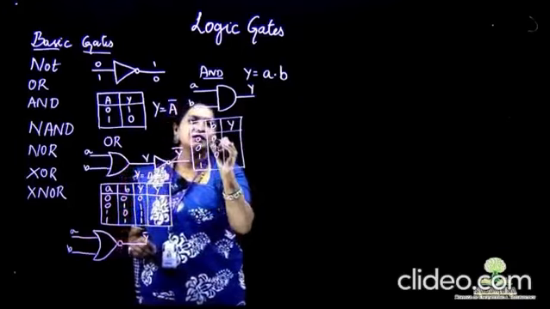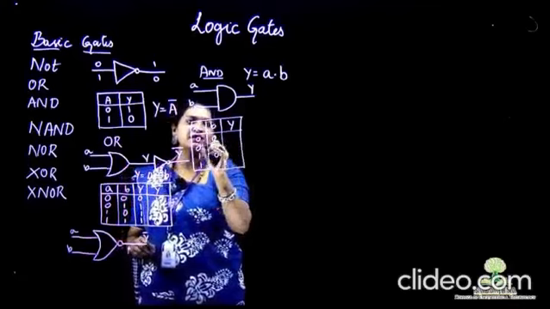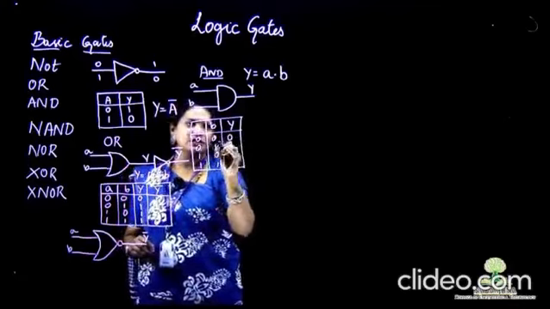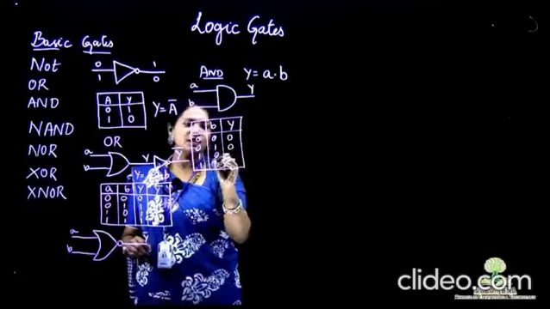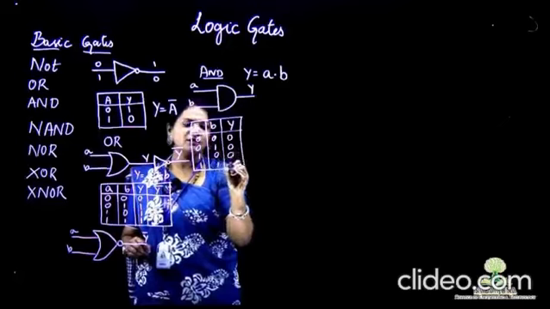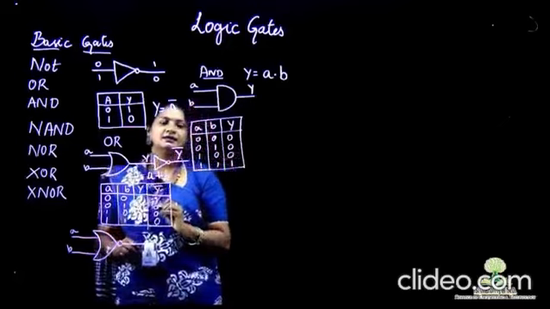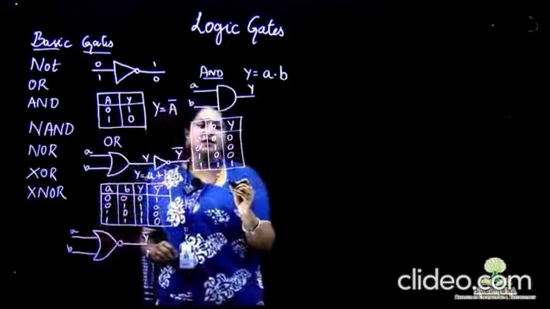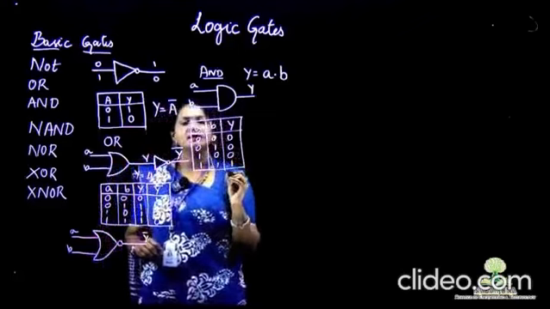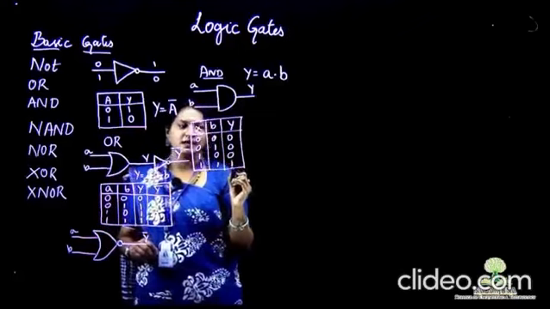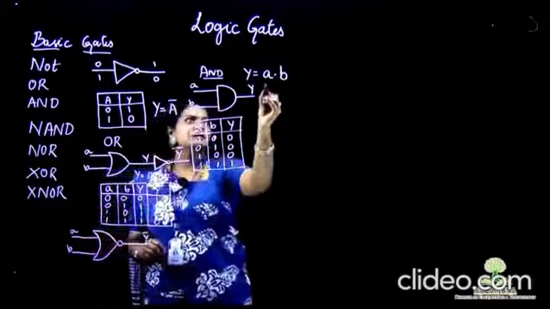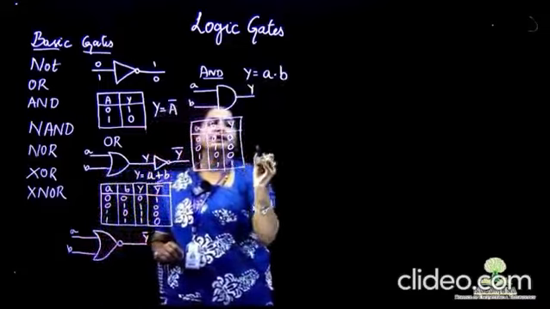The output we can expect out of the AND gate is 0 0 will be 0, 0 1 will be 0, 1 0 will be 0, and 1 1 will be 1. That is, whenever all the inputs are high, the output will be high for the AND gate. So this would be the Boolean expression for the AND gate.